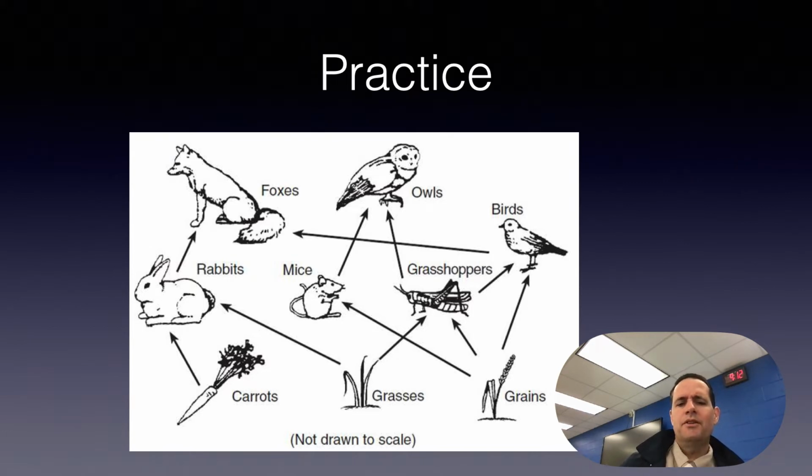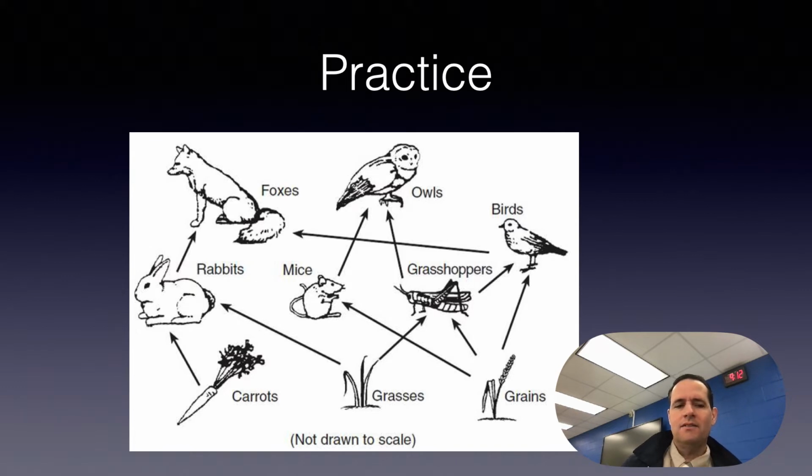We should also be able to do the same for the other portions of this food web. In real life, food webs are complex. Notice that 3 different animals eat grains. Mice, grasshoppers, and these birds are all secondary consumers of grains.